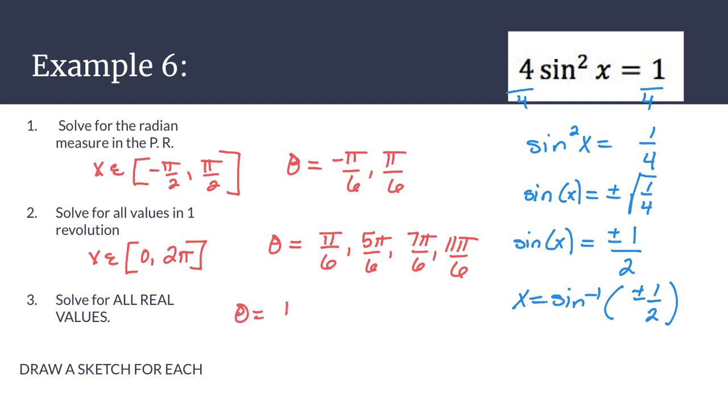Our answer for all revolutions, again, now we're changing the domain, is pi over 6 plus pi k and 5 pi over 6 plus pi k.